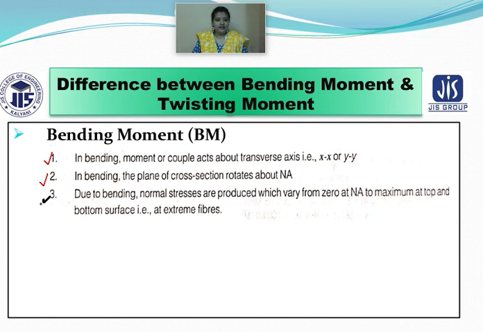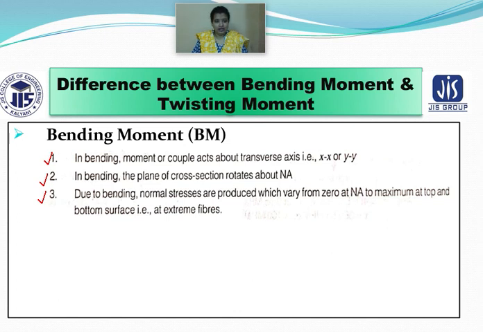And finally, due to bending, the normal stresses are produced which vary from 0 at the neutral axis, and you obtain the maximum at the top and the bottom surface, that is your extreme fibers.